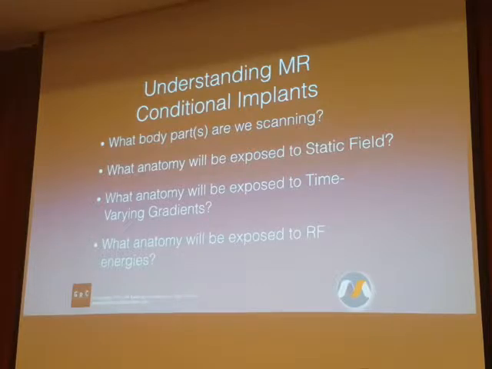That's the only exception to the general principle, the only exception I'm aware of, where an MR conditional label means that if you follow the conditions, there's no specific risk to the patient for doing this. Now, for that guarantee to be in effect, you have to follow the conditions specifically.